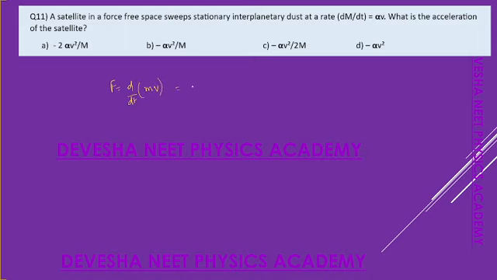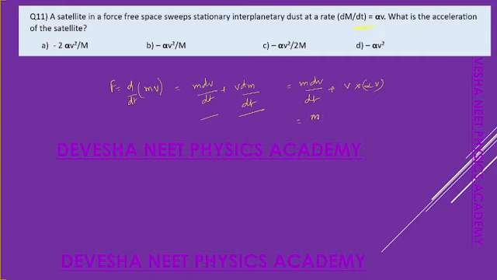Okay, which is equal to m dv by dt plus v dm by dt. Okay. Now it is given that dm by dt is equal to alpha v. Okay. So this is equal to m into dv by dt plus v into alpha v.